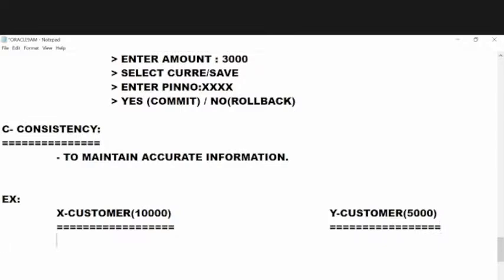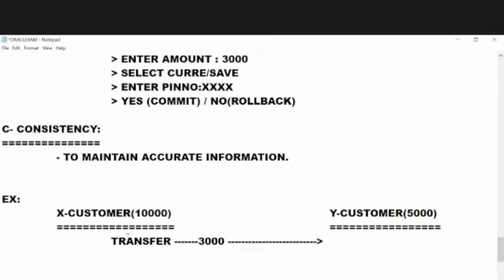Now what do you want to do? X customer wants to transfer some amount to Y customer. So X customer can transfer now. How much amount do you want to transfer? For example, he wants to transfer 3,000 rupees to Y customer.